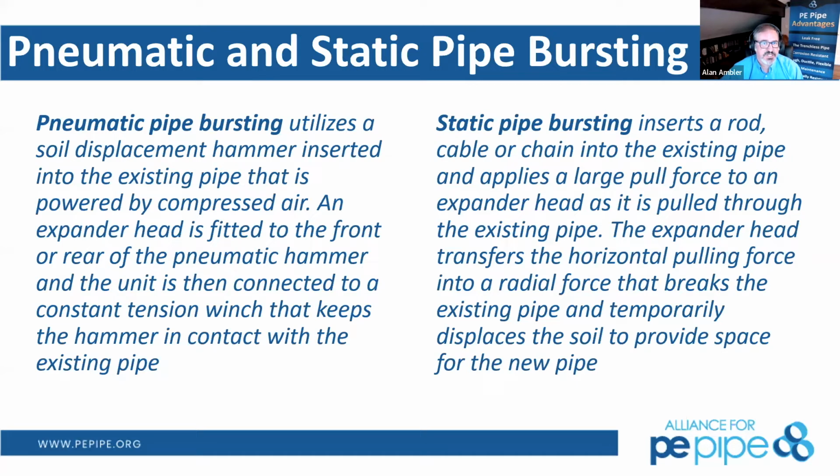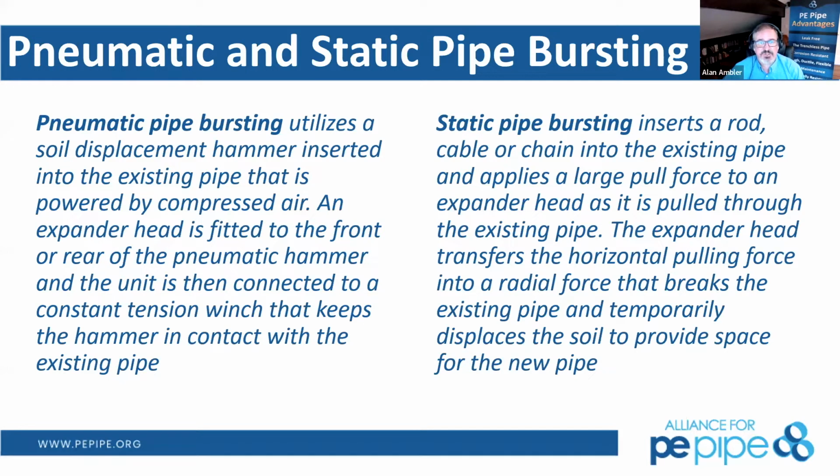Static pipe bursting can install any type of pipe as a production pipeline, but also can cut through other pipelines by a series of cutting attachments in front of the expander head. Now, the way that the energy is delivered between these two types is different.